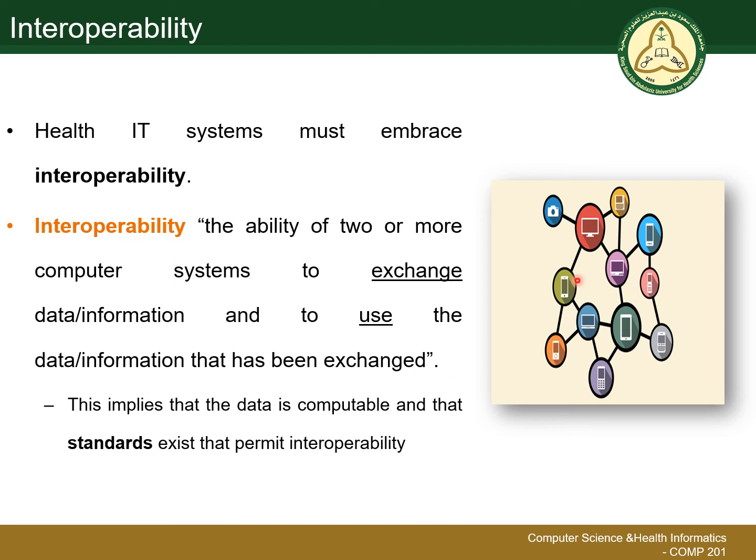So we don't just share the data between the different systems. We also need to use the data and information to improve the care of the patient. So this implies that the data is computable, structured, and that standards exist that permit the interoperability between the systems.